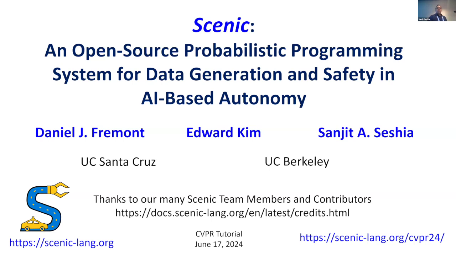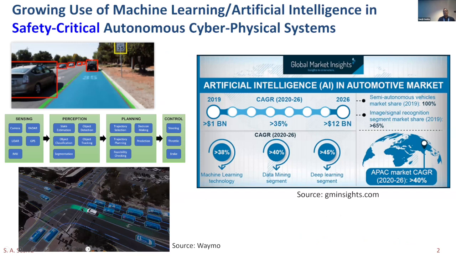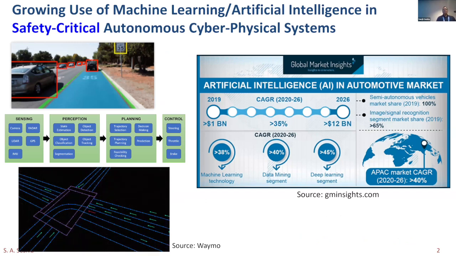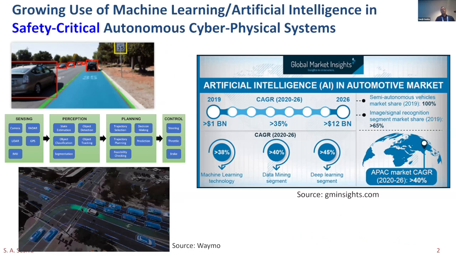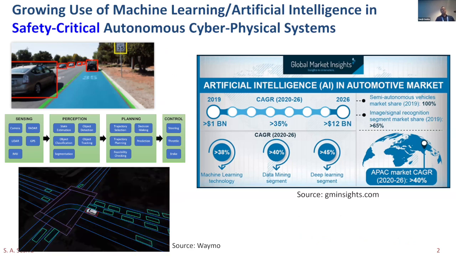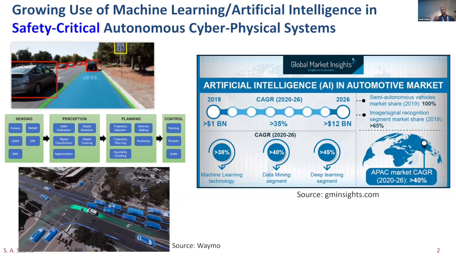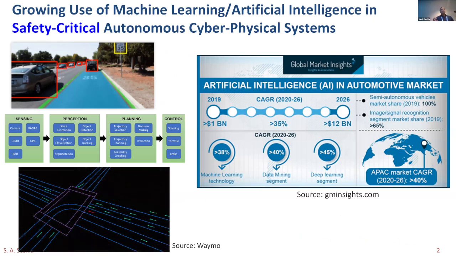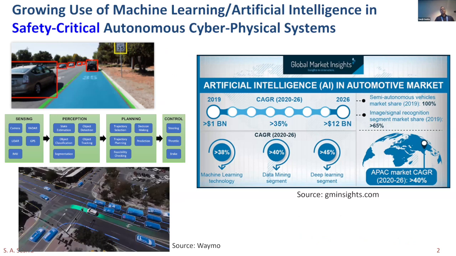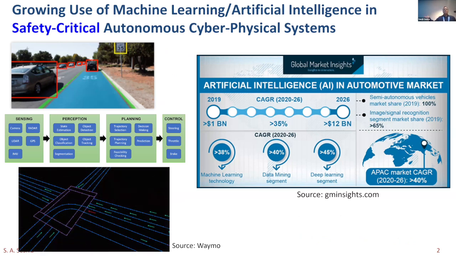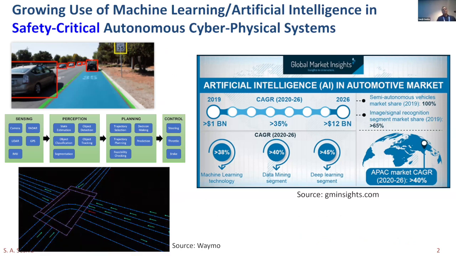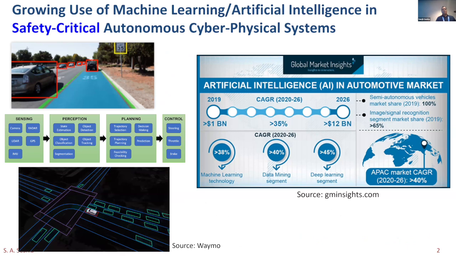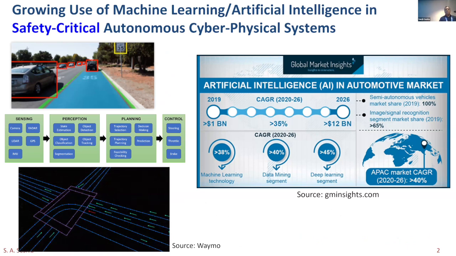The context for the SCENIC project 7 odd years ago was that we saw that there was already a proliferation of machine learning and more broadly of AI in all kinds of autonomous and semi-autonomous systems, particularly those that are safety critical and operate in a cyber-physical context where computation is tightly integrated with the physical world. So autonomous vehicles, self-driving cars are a very popular and widely described example of this, but it is much broader than that.